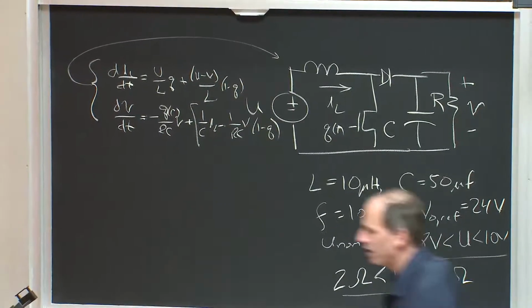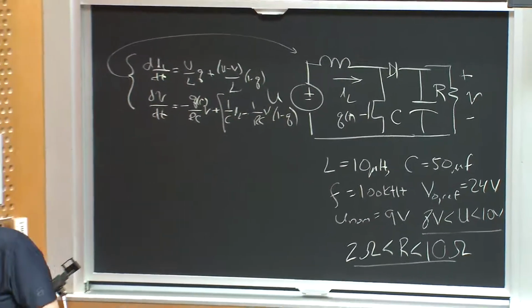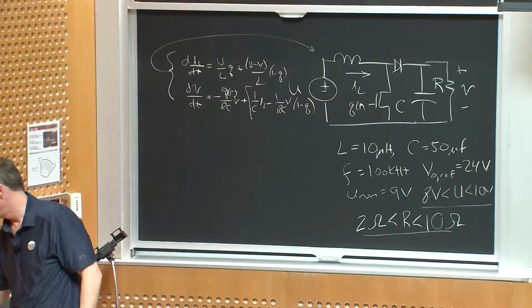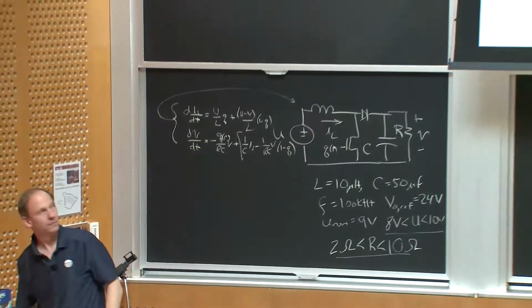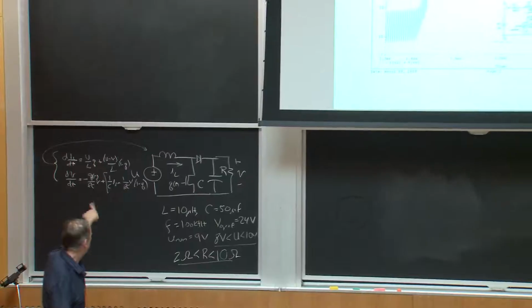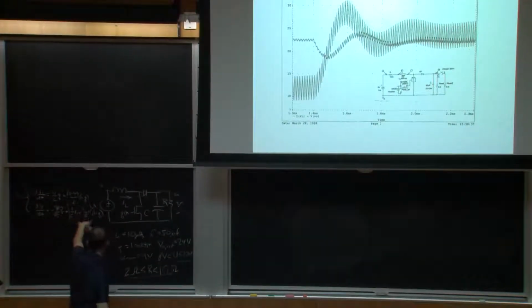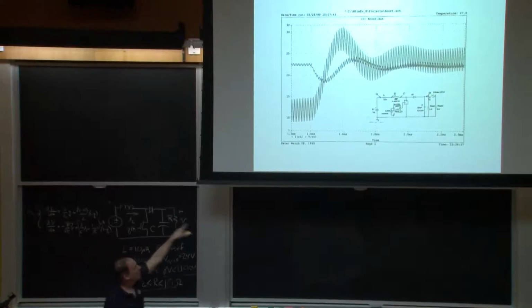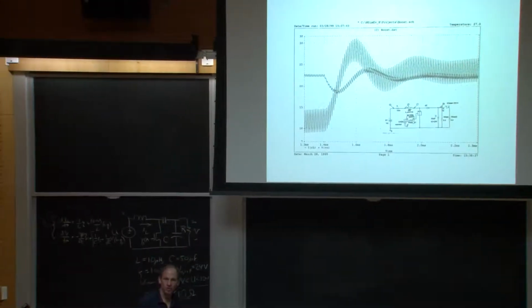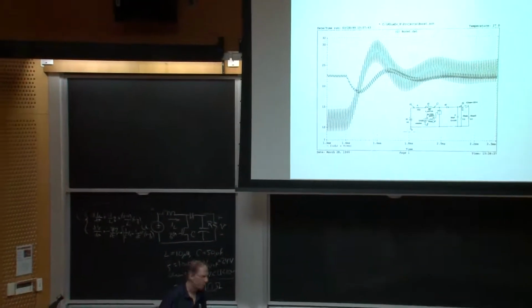Okay? So if I simulated that set of equations and I put a change in the load at some time and I put in a new R, I could calculate the transient there, okay?